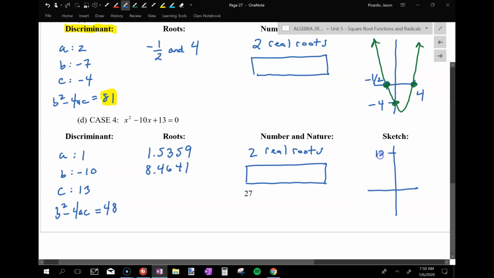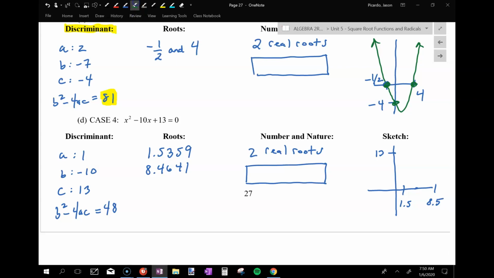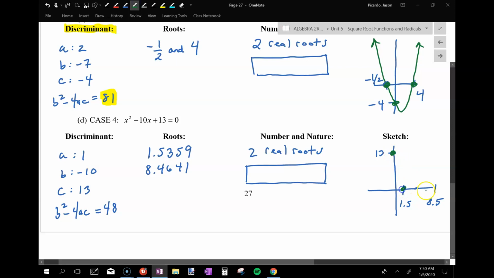Y-intercept of 13, a root at 1.5-ish and 8.5-ish, about, right? We're rounding, and a happy parabola. So it's going to look something like this guy, right?